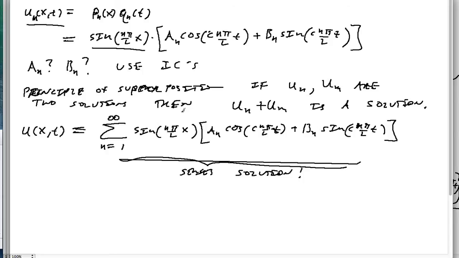All right, so now we're going to use our initial conditions to find an and bn. So first of all, we'll talk about the initial position. So t is equal to 0. So we put a t in for 0 here and here.